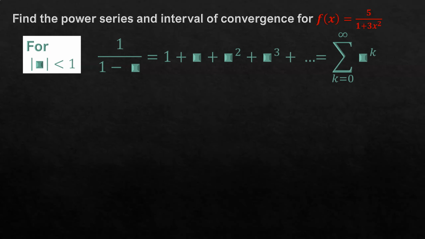So the function that we have, our f of x here, is going to be 5 times 1 over 1 minus a negative 3x squared. Okay, so our blank, as we observe, there's going to be a 5 in the front, right? That's the 5. And then our blank is going to be negative 3x squared. That is our blank right there.